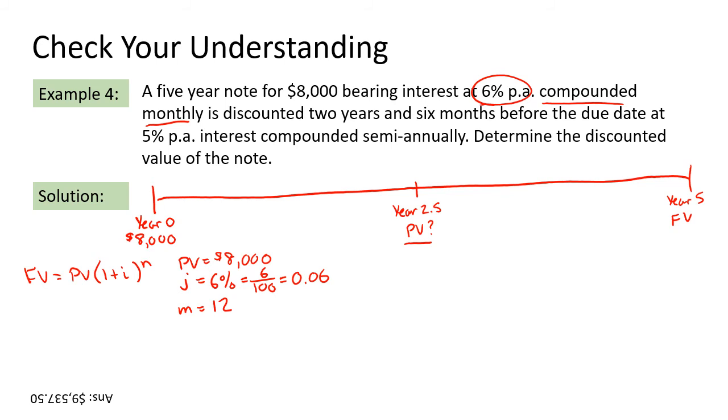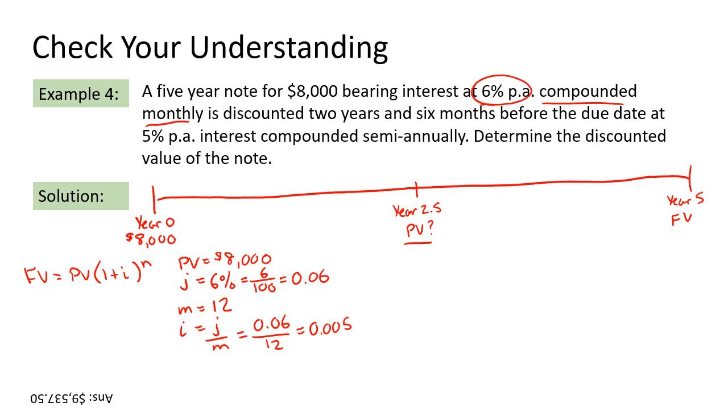So putting these together, solving for the periodic interest rate, that's equal to J divided by M, which is equal to 0.06 divided by 12, which is 0.005. All right.